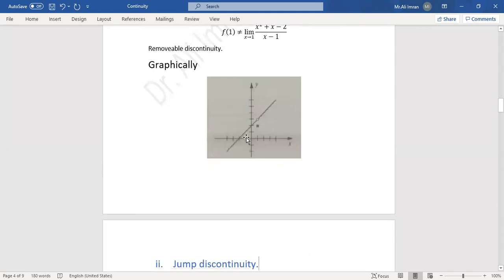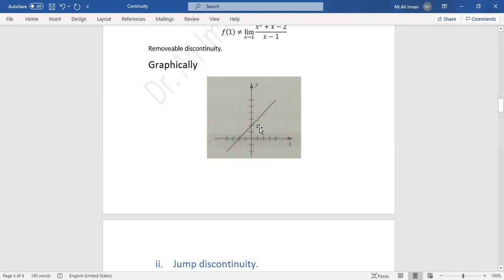Graphically, this is the graph of our question. If we approach the limit x equal to 1 from the right hand side, we get the value 3. And if we move from the left hand side at x equal to 1, we will get the limit value 3. The limit exists, and that is shown by an open circle, and the value of the function at x equal to 1 is 2.